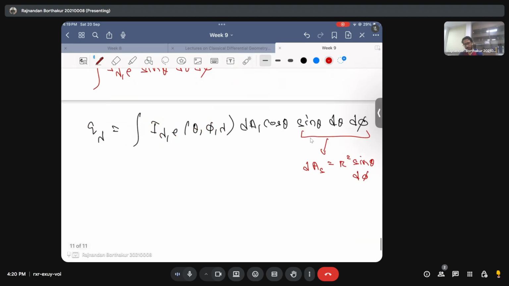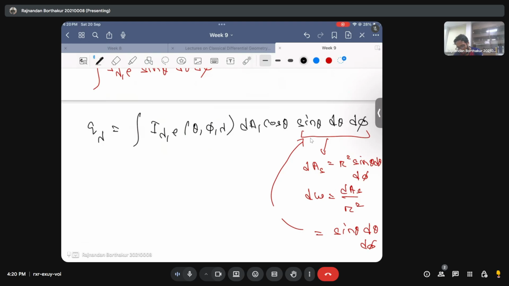So the solid angle d omega that we are trying to seek becomes dAs by r square, and then this just becomes sine theta d theta d phi. That is from where this sine theta d theta d phi comes in. We are trying to calculate the elemental solid angle, then integrate it over the entire possible direction.